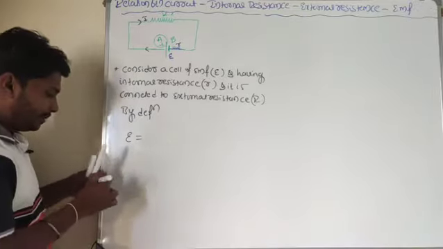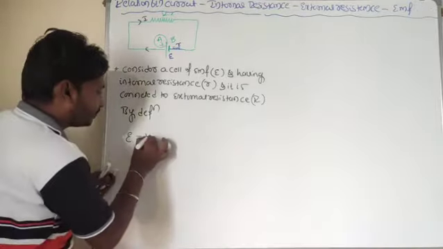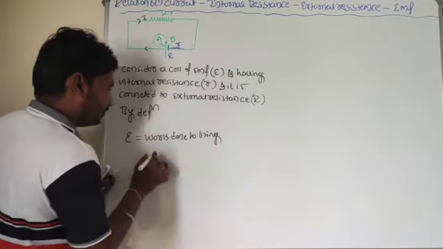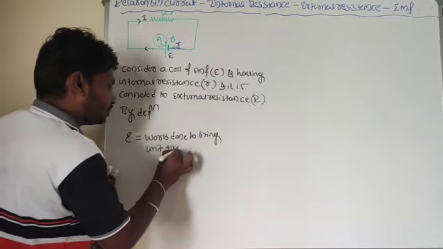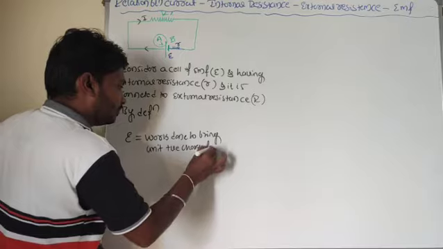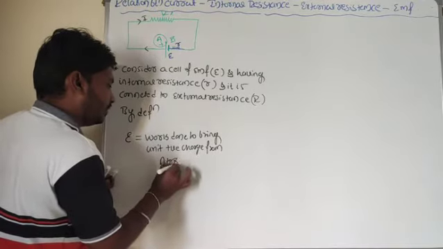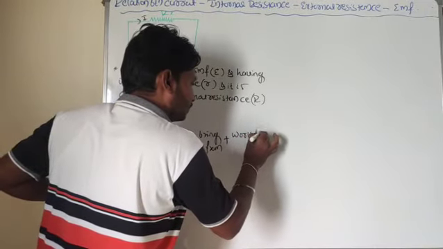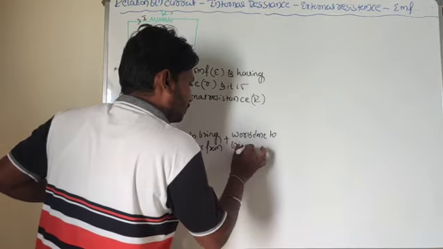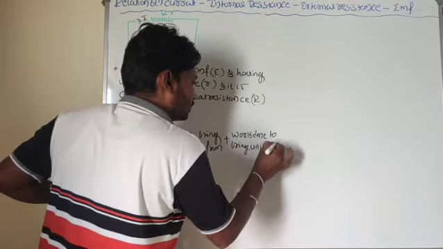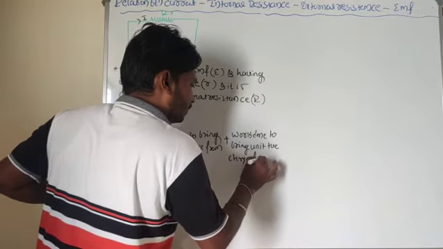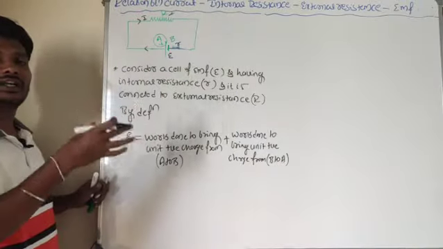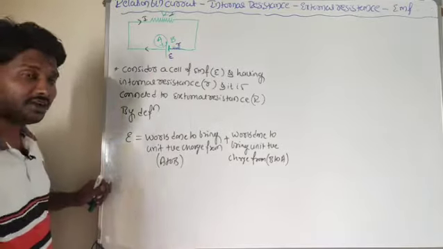So EMF is equal to the work done to bring unit positive charge from A to B plus the work done to bring unit positive charge from B to A. From A to B is against the external resistance, from B to A is against the internal resistance.